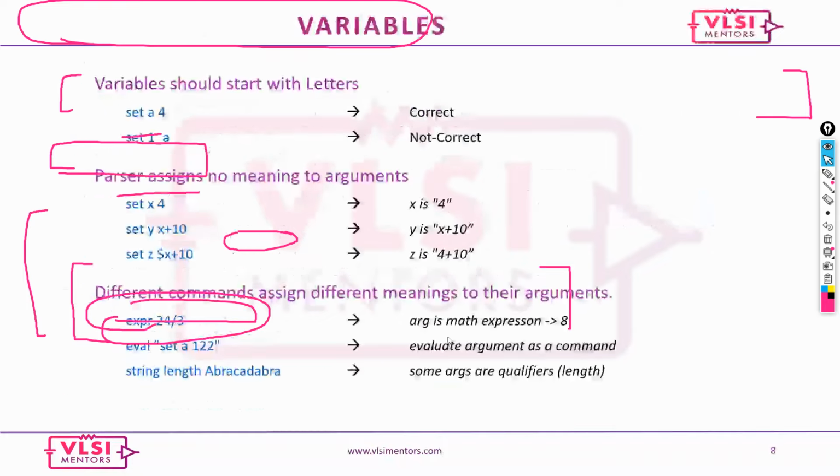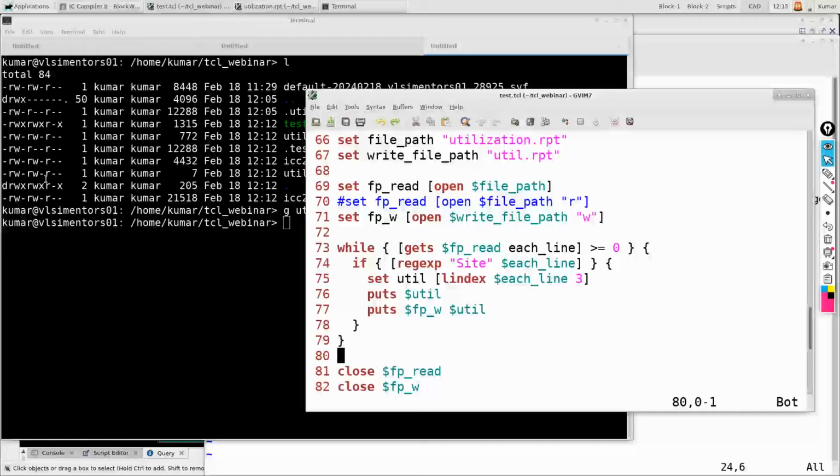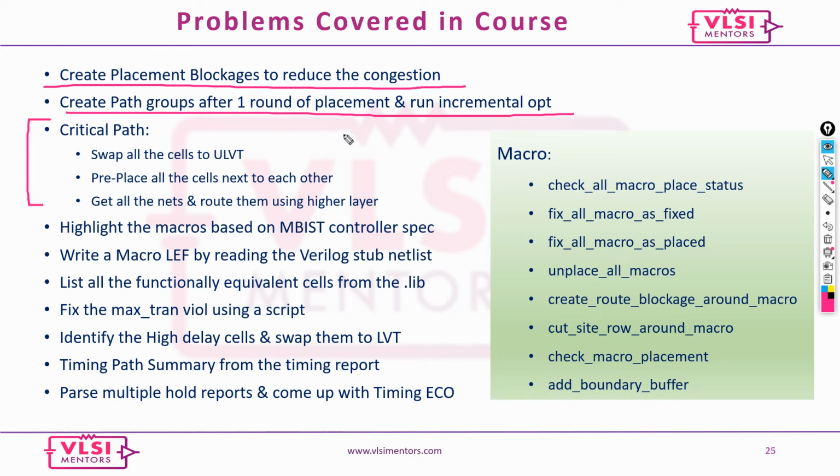Okay, and some of the practical problems that we would be discussing are, for example: create placement blockages around the macros and path groups after one round of placement, and for critical paths, swap all the cells to ULVT, pre-place all the cells, get all the nets and route them using a higher layer, and highlight the macros based on MBIST controllers.